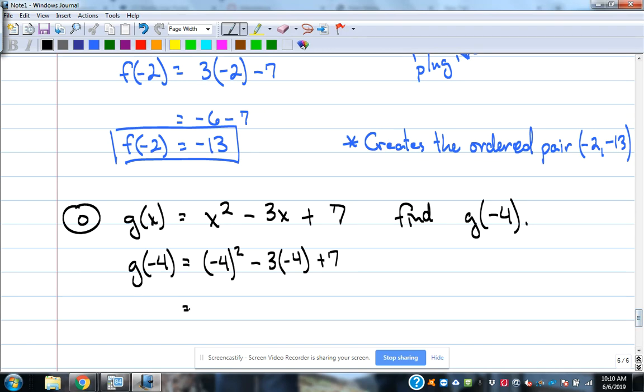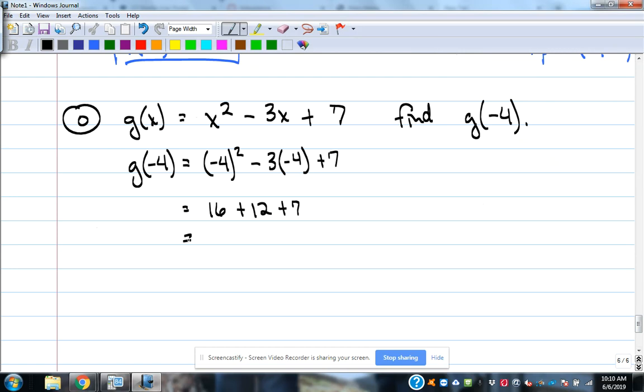I could work that by hand. I'm going to show you with a calculator here just to get us practicing with that calculator a little bit more too. But order of operations would tell us to square the negative 4 first and get 16, and then do the multiplication. Negative 3 times negative 4, which is positive 12, and then plus 7, and then we would do that addition last.